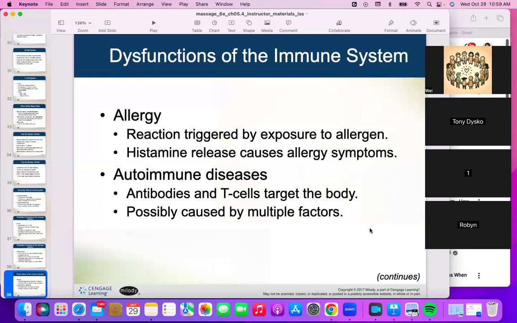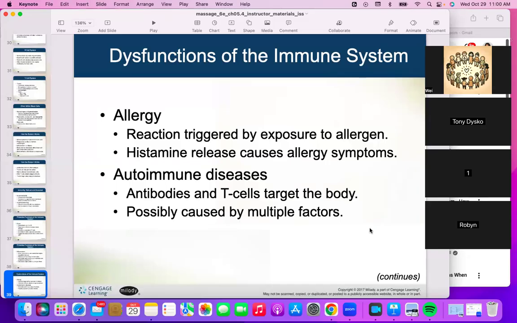Now, with the autoimmune, on the other hand, we mentioned before, it occurs when the body makes antibodies and T cells directly against its own cells, not the cells of the antigen, okay? It mistakes it for the antigen and it attacks us.